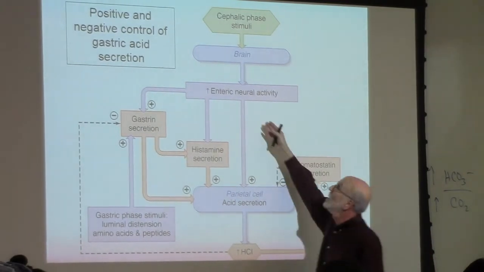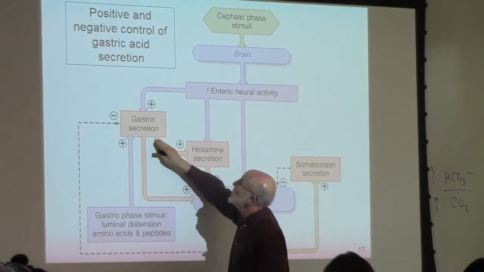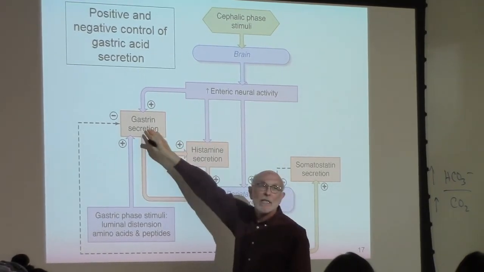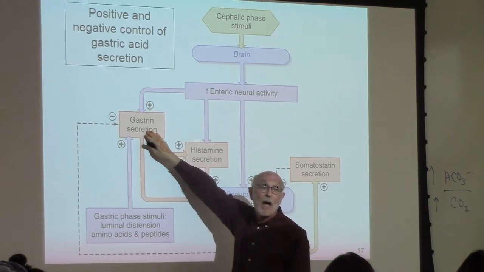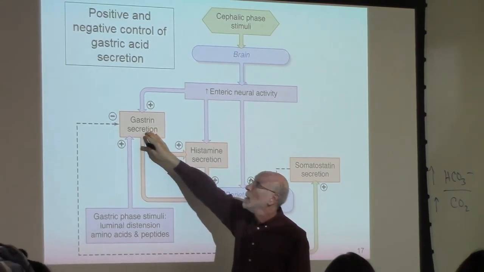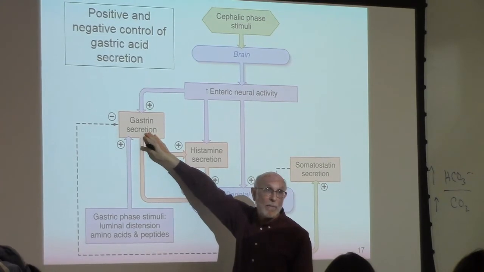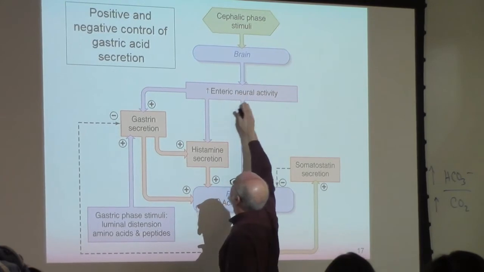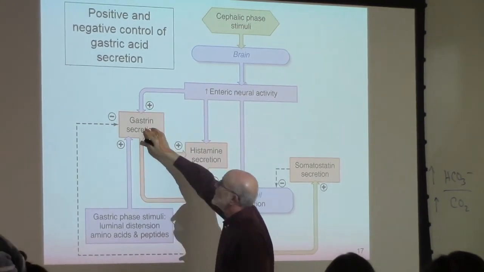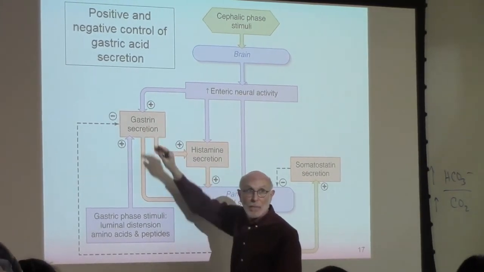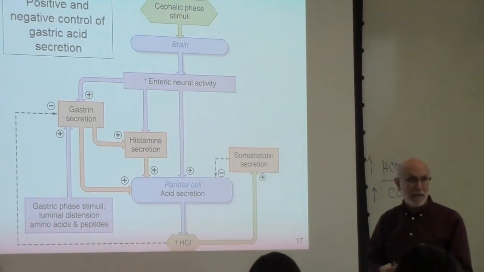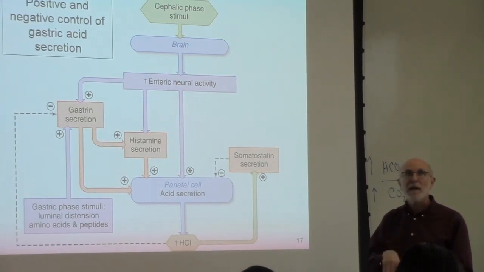In addition, stimulation of the nervous system stimulates the endocrine cells of the stomach to secrete gastrin. So acetylcholine stimulates gastrin secretion from the endocrine cells of the stomach. Remember, we had the endocrine cells in the gland.